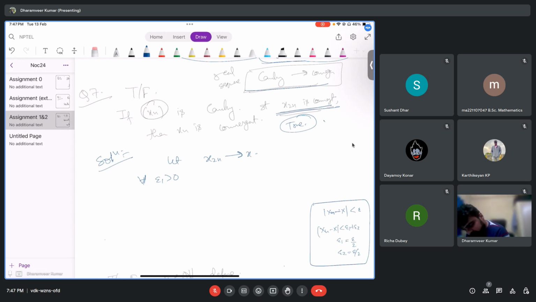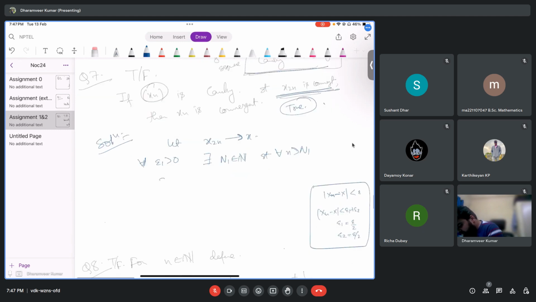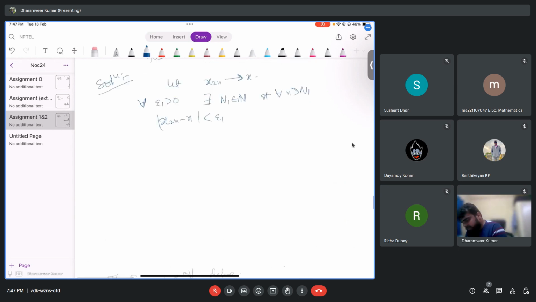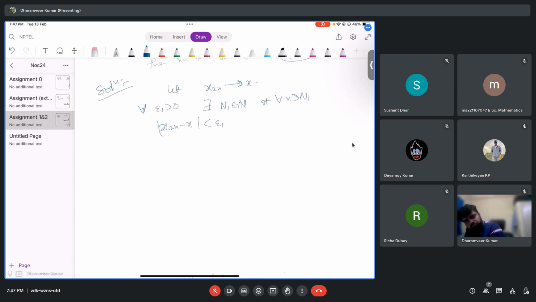So for epsilon 1 greater than 0, there exists some n1 such that for all n greater than n1, x2n minus x is bounded by epsilon 1. Okay. What do you know further? There is Cauchy.